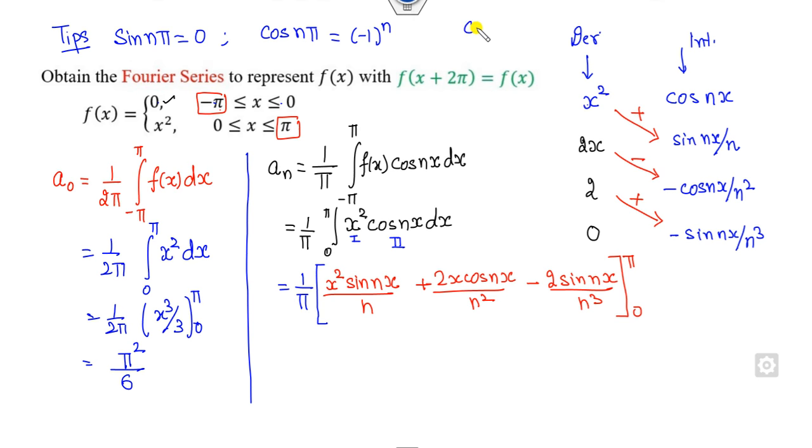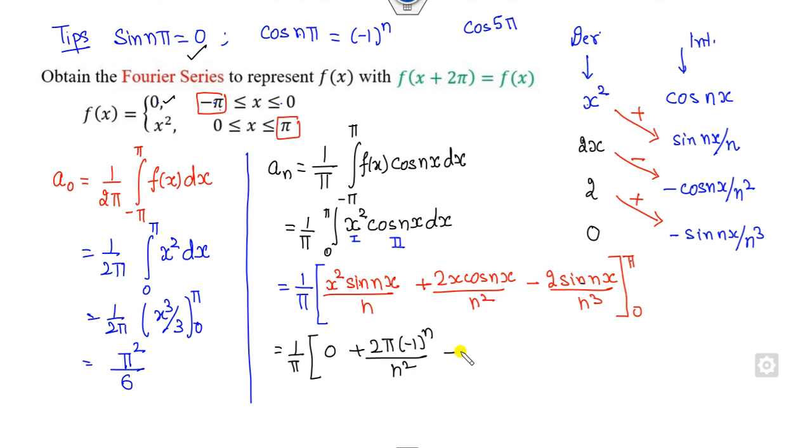Fine. If somebody asks you what is the value of cos 5 pi, you can take n as 5, it is minus 1 raised to power 5. Now I can substitute this value here. It is 1 over pi. When I substitute upper limit pi, sine n pi is 0. The first term is 0. Cos n pi will be minus 1 raised to power n over n square.